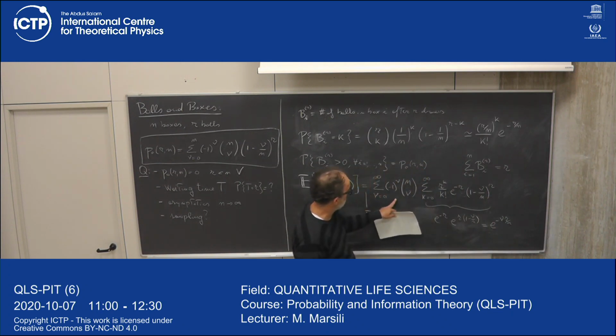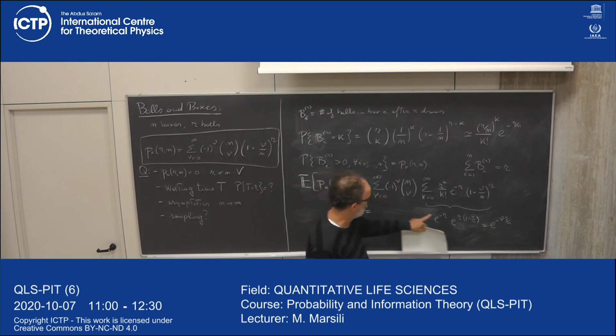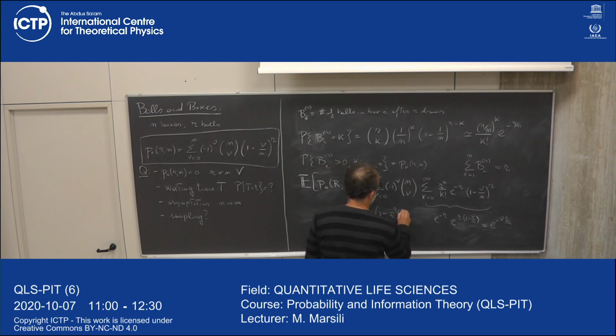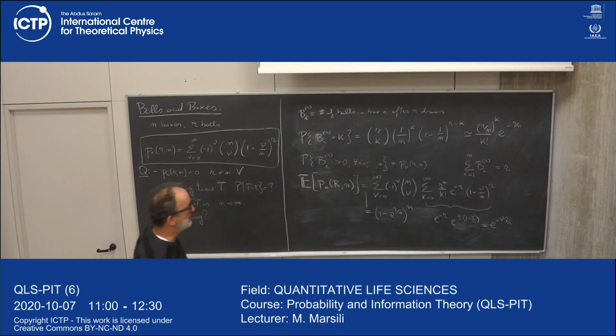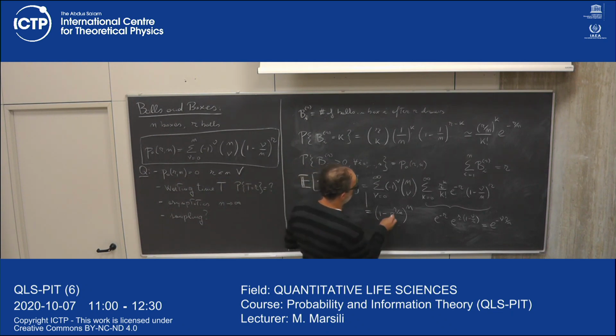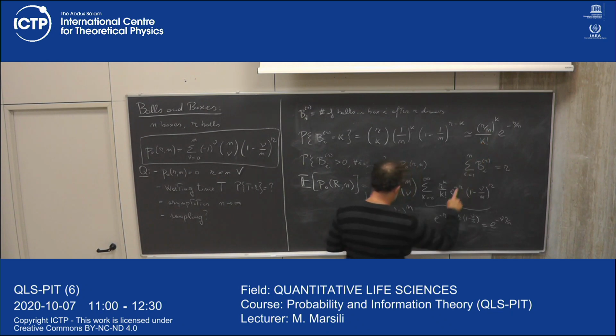And then I can also perform this sum here, because it's just the binomial expansion, and what I get is a very simple expression. This is just (1 minus e to the minus R over n) to the power n. This has a very simple interpretation. This is the probability that a box is empty, that k is equal to 0.